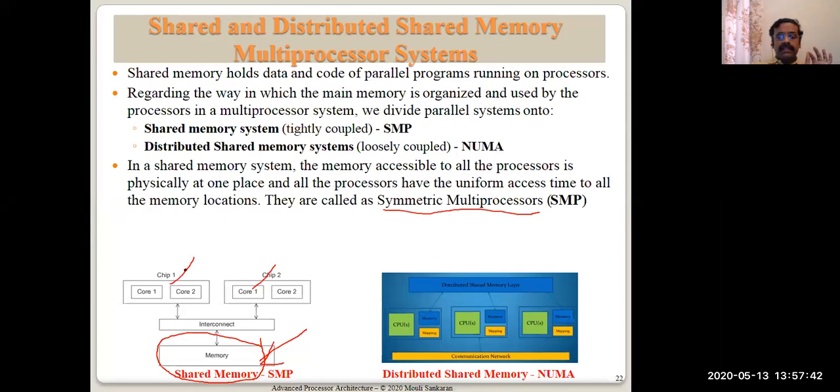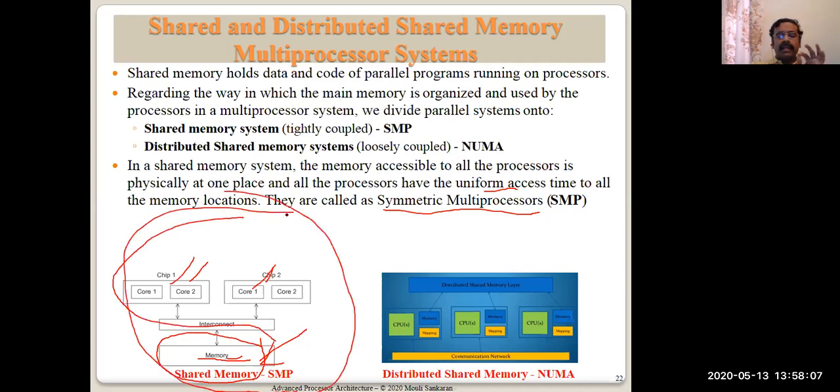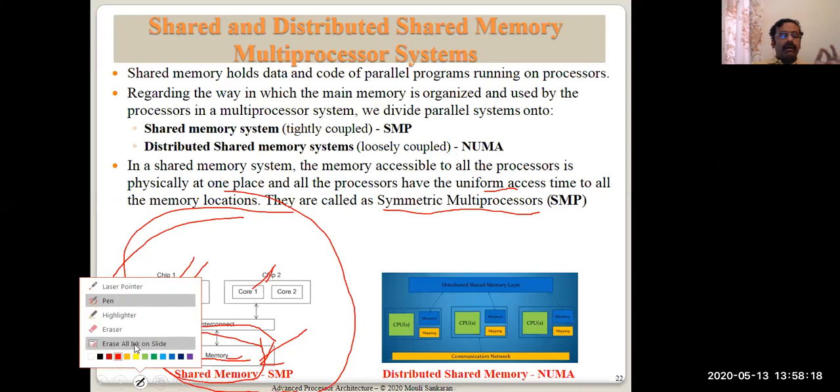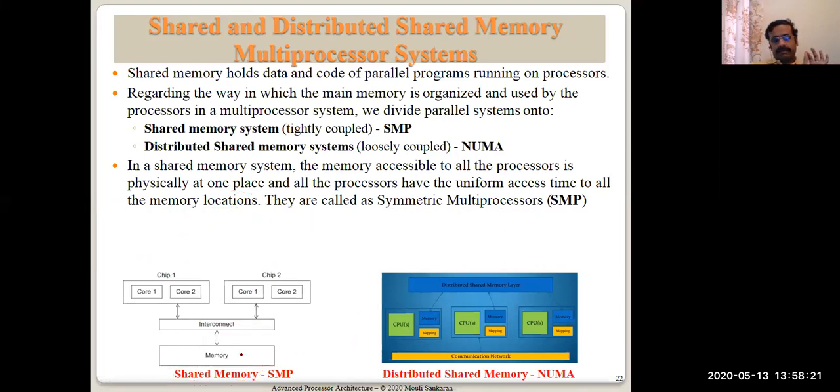That means these CPUs are accessing the same shared memory, the same address space, located physically in one place, having uniform access to any location in the memory. Then these processors or the whole system is called a symmetric multiprocessor system. That means they have the same kind of access time, either read or write, to any location in the memory.